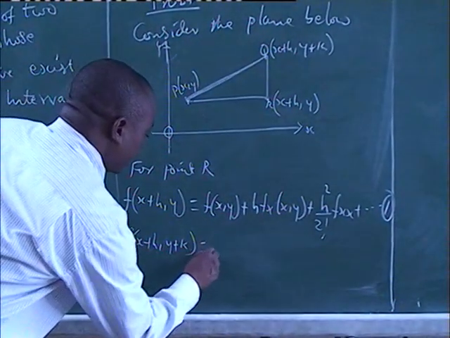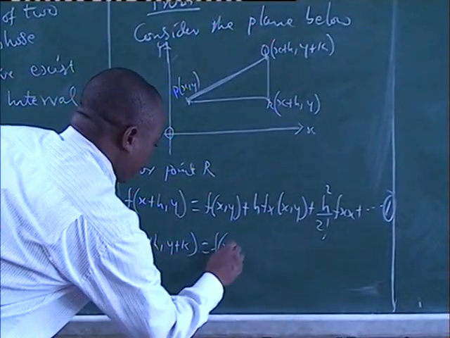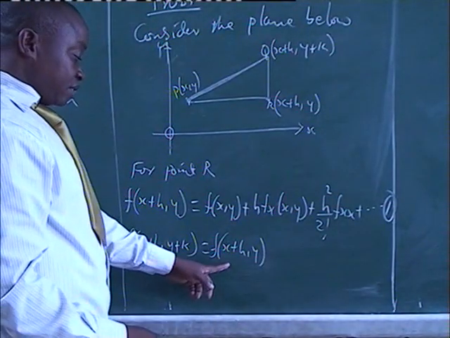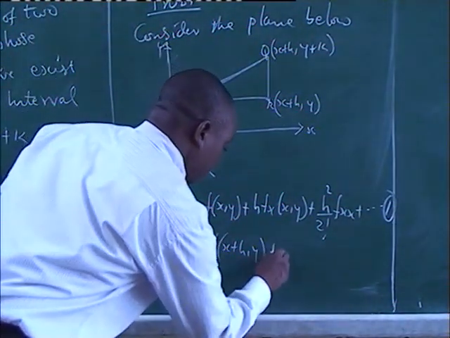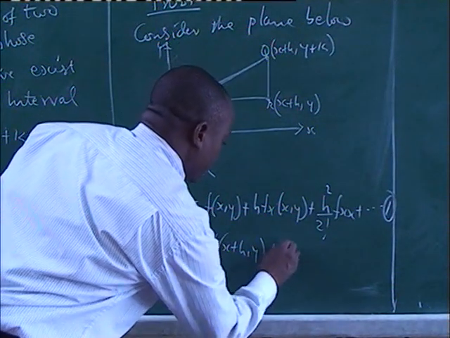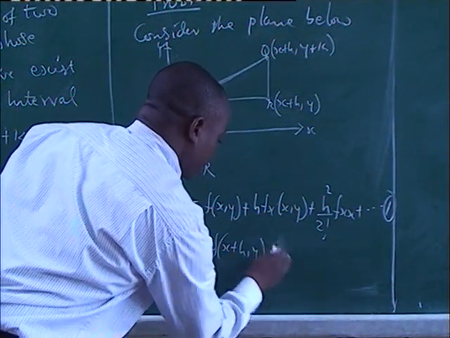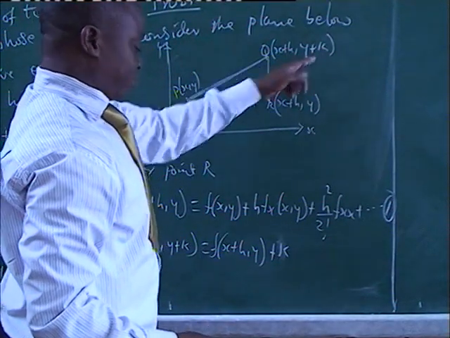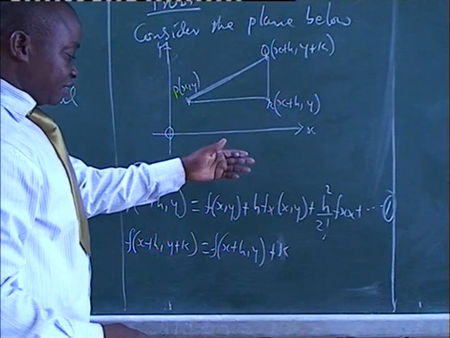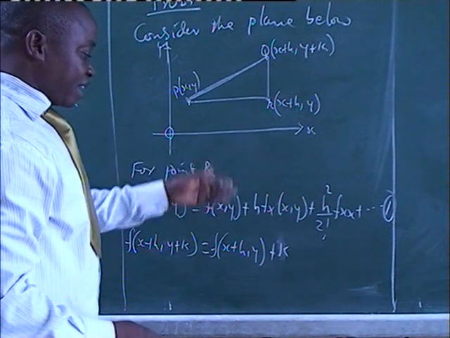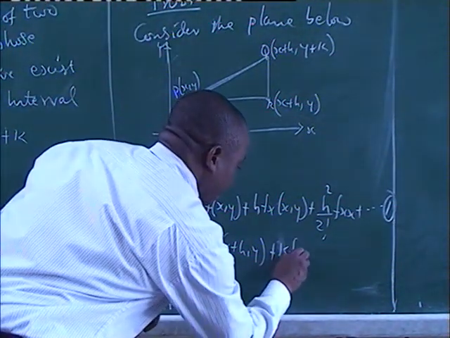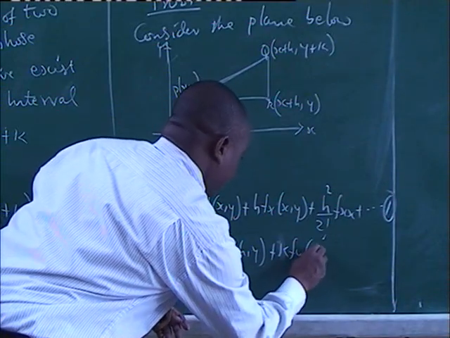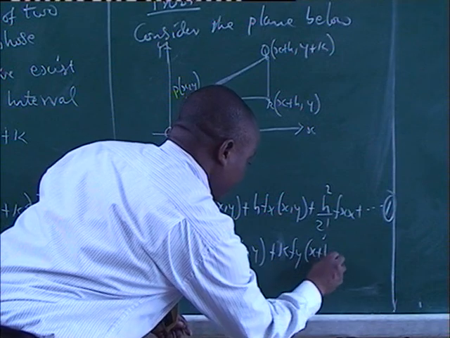It will be the same as f of x plus h, y, plus k times f of y, because there is an increase here, k, since y increases. Then I have x plus h.